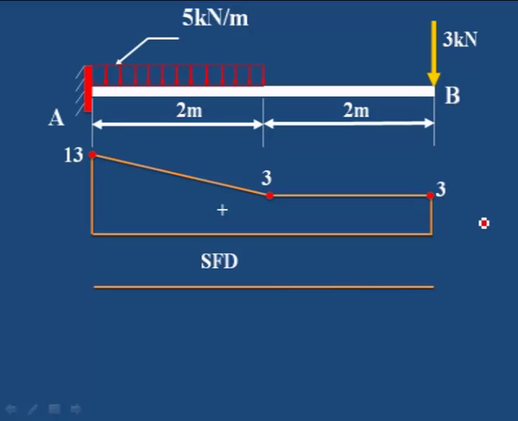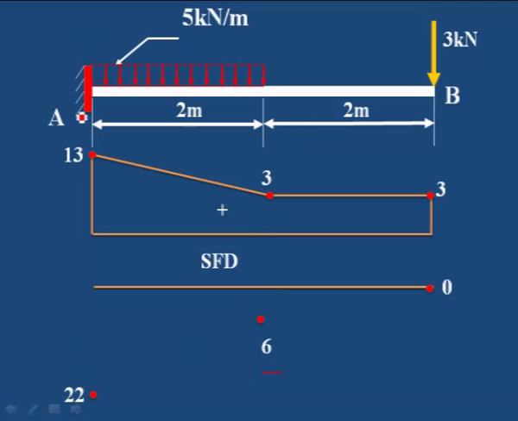To draw the bending moment diagram, first draw the horizontal line, then mark these points. Starting here at B point, it is 0, then here it is 6, because 3 into 2 is 6 kilonewton meter, the bending moment at C point.